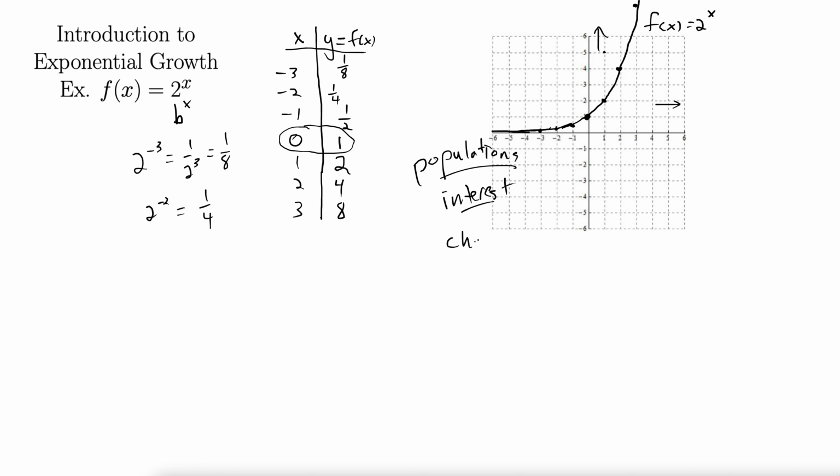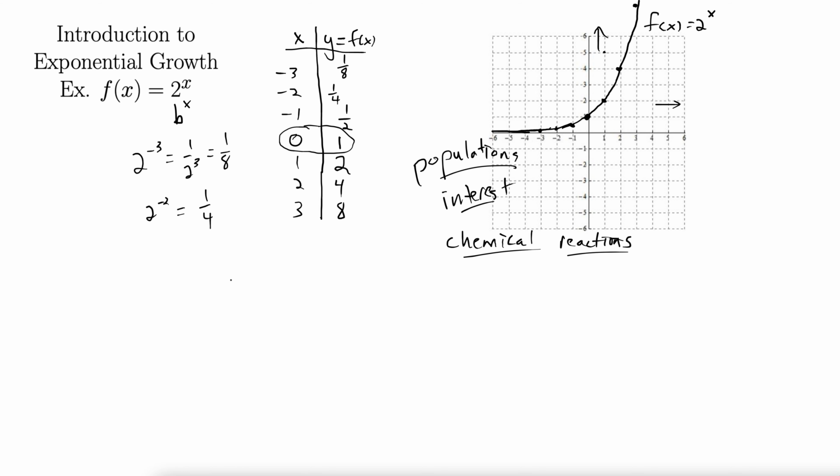Chemical reactions, okay, etc. And it turns out a lot of things in nature can be thought of as populations and modeled with exponential functions, at least locally, right? If things really did this, whatever it was doing it, the world would be covered in it in no time. So usually there's some other natural check in nature that brings it back down.